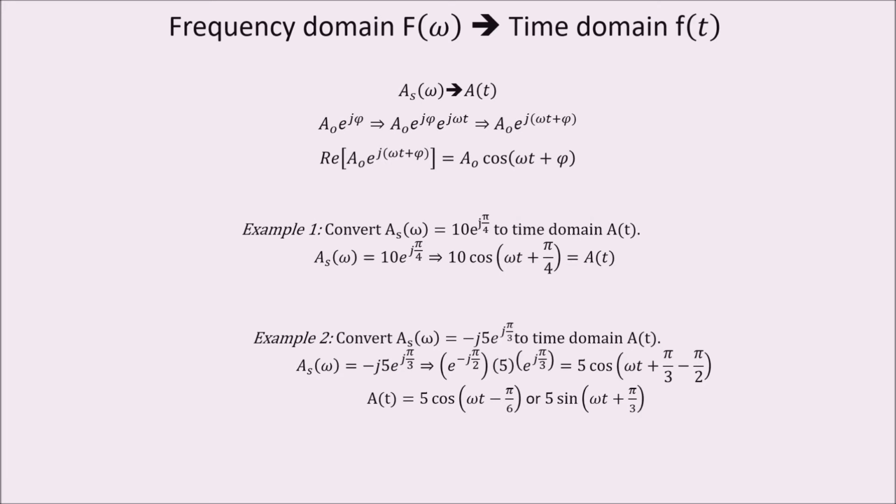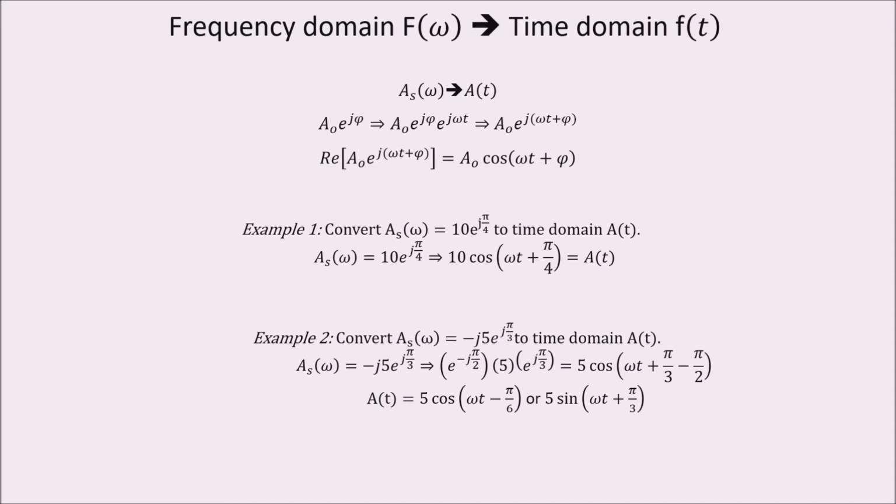For instance, a frequency domain function As equal to A0 e to the power j phi should be multiplied with e to the power j omega t. Then we simplify to A0 e to the power j omega t plus phi.